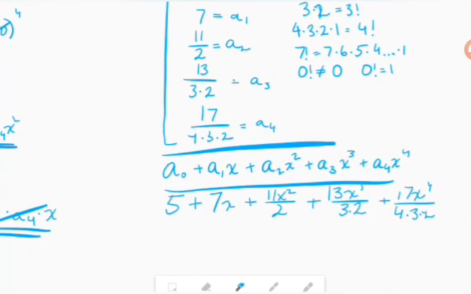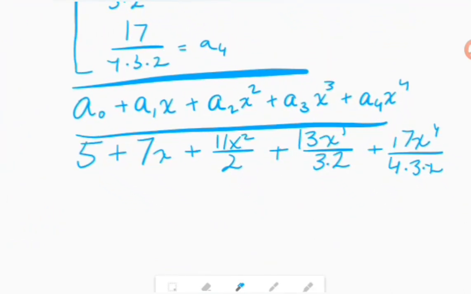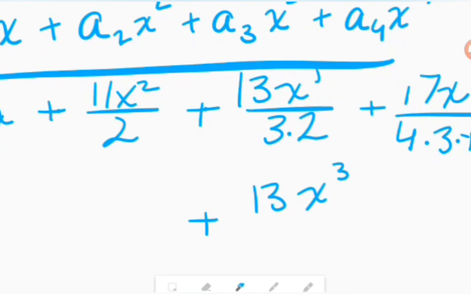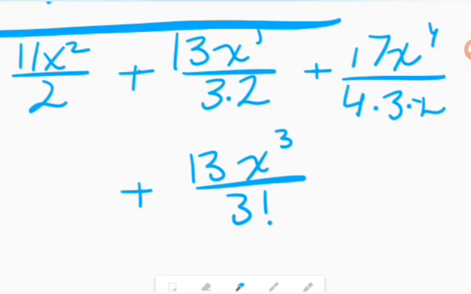So just keep that in mind. With all of that being said, if you tried to figure this polynomial out by yourself earlier on, hopefully this is what you got. This polynomial can be rewritten, these terms can be rewritten as 13 times x cubed over 3 factorial, plus 17 times x to the 4th over 4 factorial.